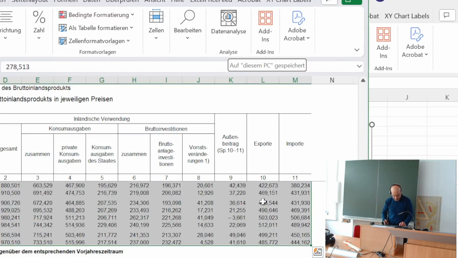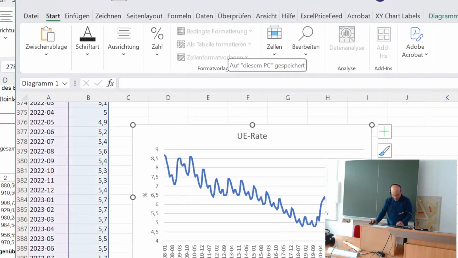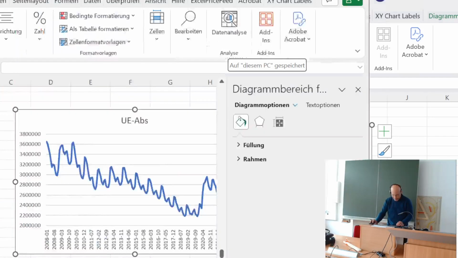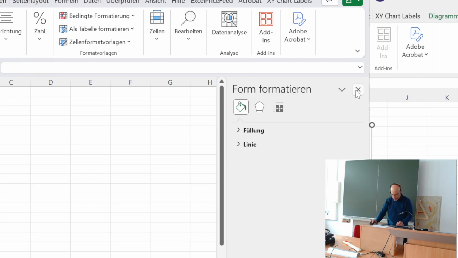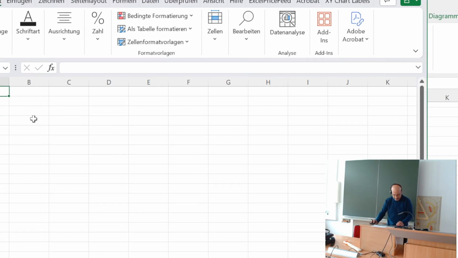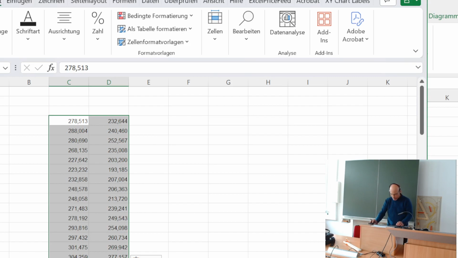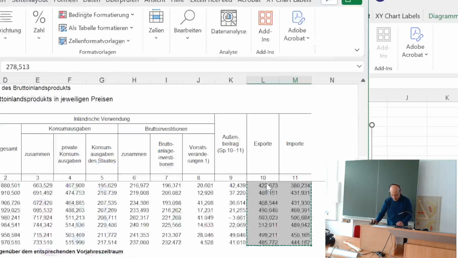That was too much. Exports and imports. I just put it here in this part of the unemployment rate. Numbers in billion, and also the dates.